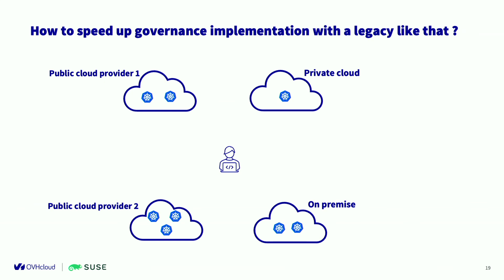There are clusters everywhere: clusters on two public cloud providers, clusters on-premise, clusters on a private cloud, and your team needs to put some governance on those clusters. So here there is a dozen clusters, but maybe there are 100, maybe more. It depends on the size of the organization and where it is in its journey.